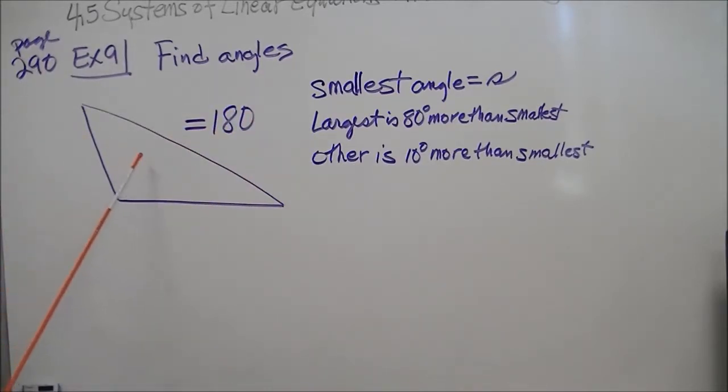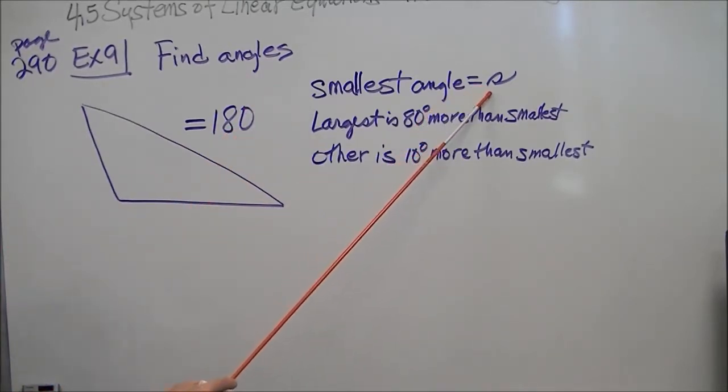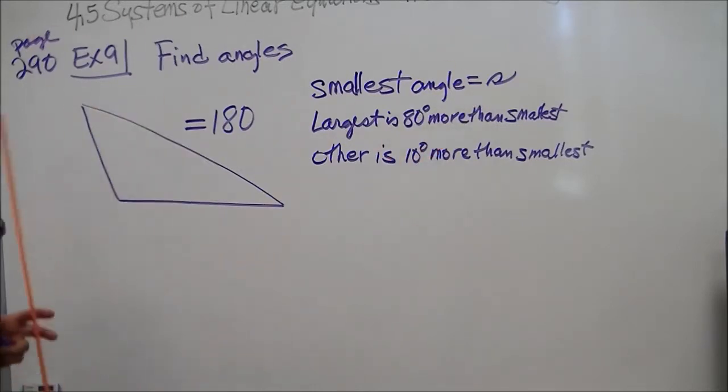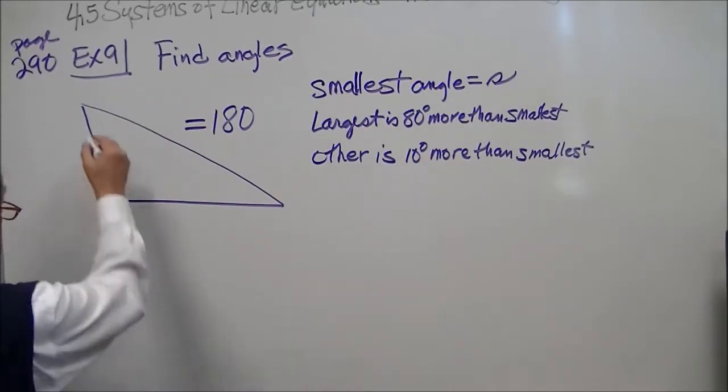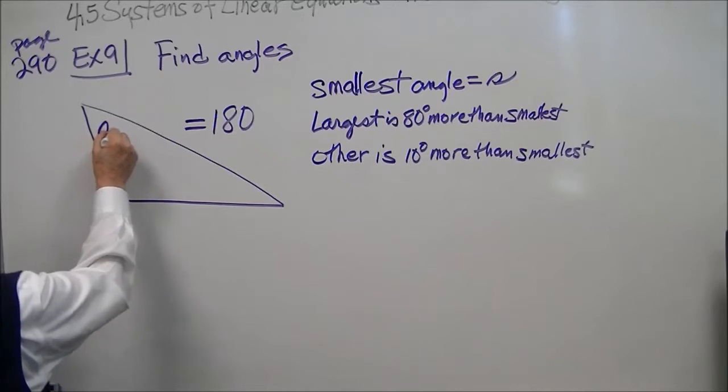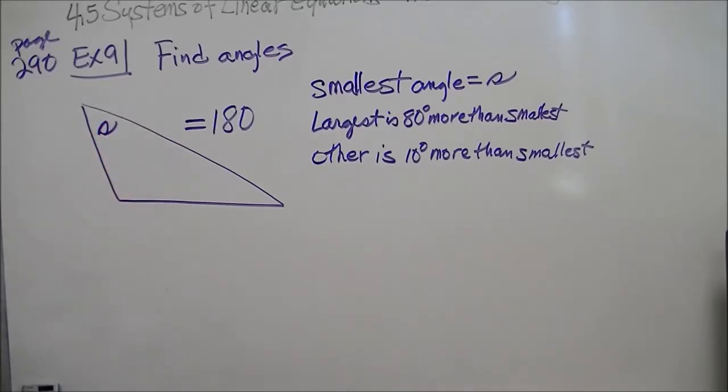So often a picture too helps you to organize your data. Now, as we read through the problem, we find that there is a smallest angle. So that smallest angle looks like this one up here. We'll call that one S. We can name it X or whatever.